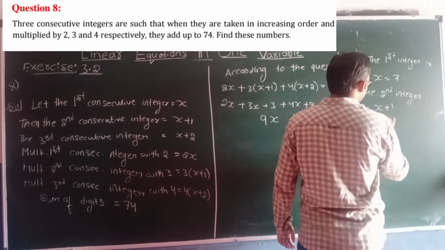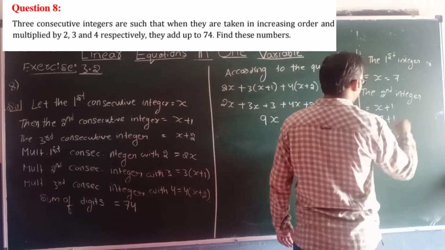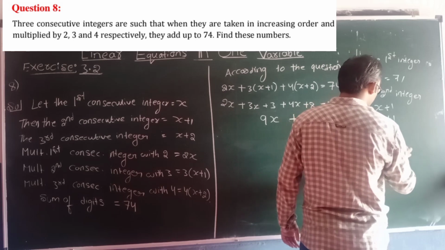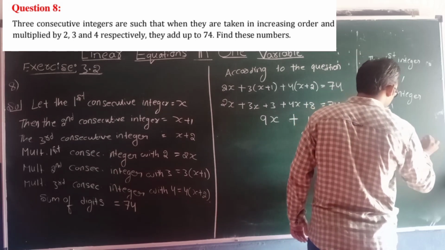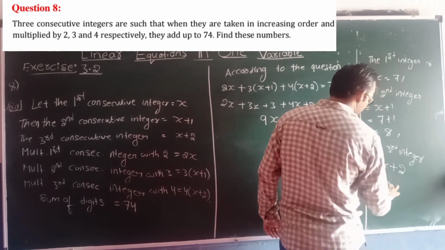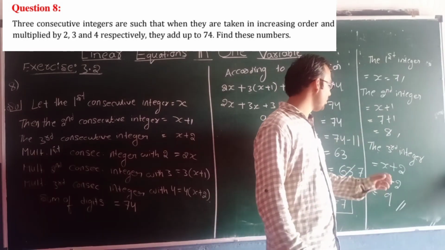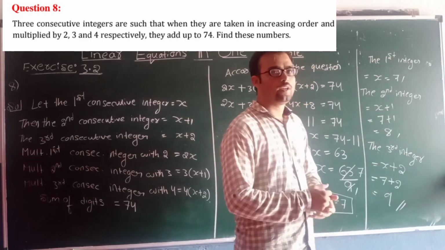That is 7 plus 1 equals to 8. The third integer is equals to x plus 2. That is 7 plus 2 is how much? 9. So here, students, what are those consecutive integers? The consecutive integers are 7, 8 and 9.